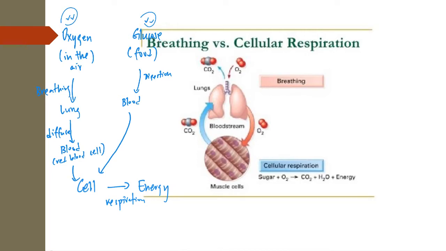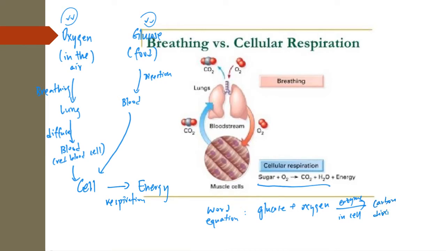Okay, so you have to bear in mind this chemical equation. You need to know how to write down the word equation. Okay, so glucose plus oxygen, and this takes place with the enzymes in the cell, and which would give carbon dioxide and water.